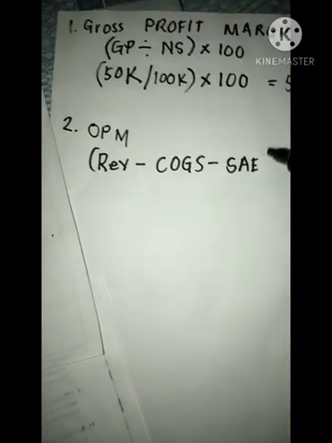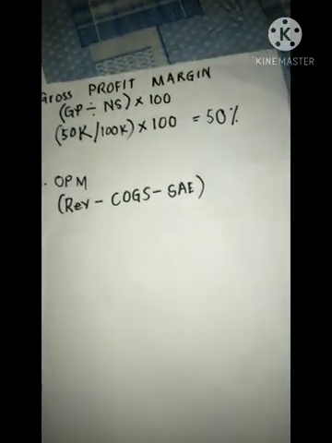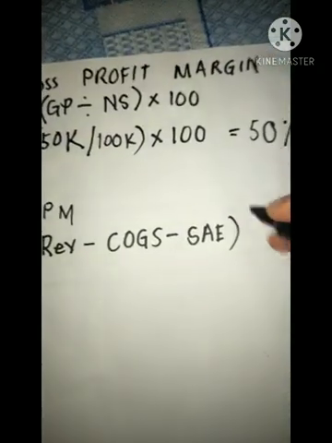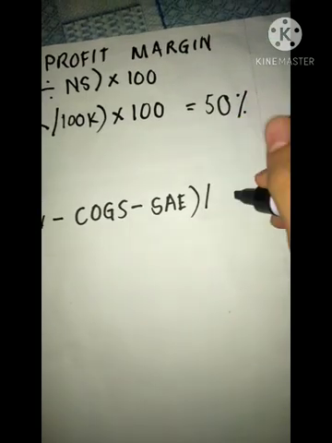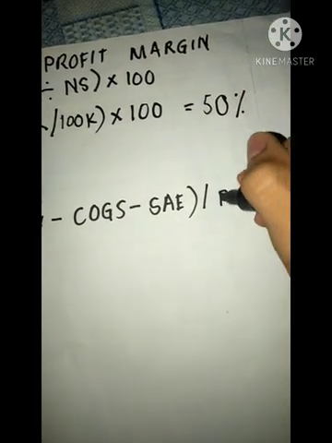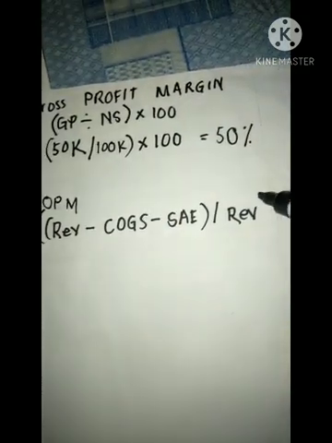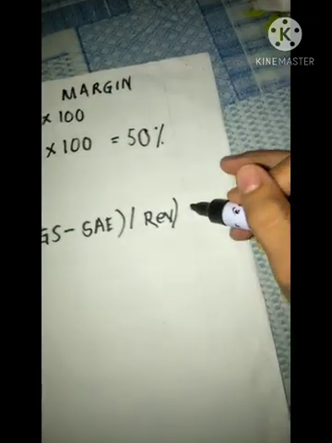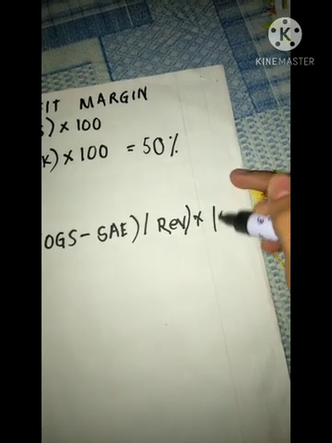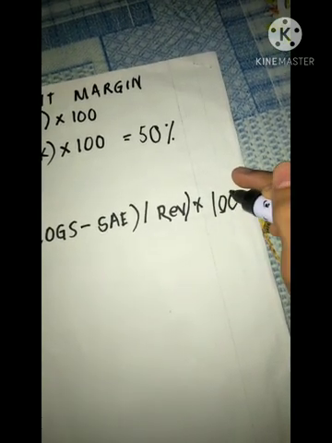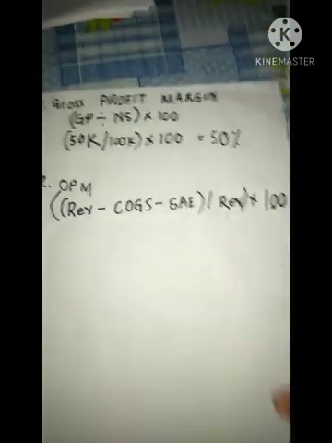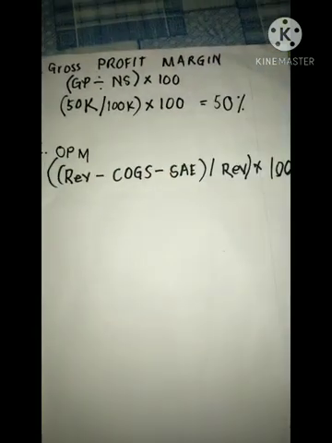So, ang makukuha niyo pong sagot dyan, i-divide niyo po siya sa revenue. And then, ang makukuha niyo po ulit na sagot dyan, i-multiply natin ng 100. Okay? The revenue is the sales. The net sales. Okay? So, 100,000.